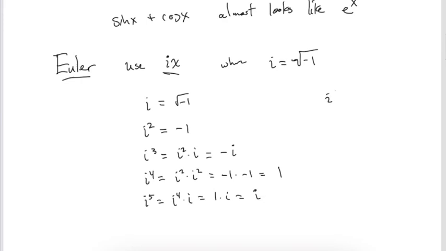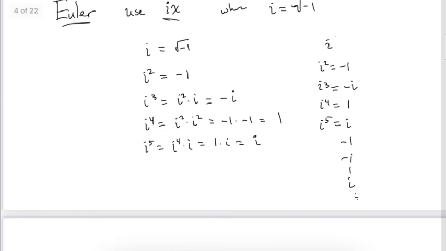You have i, and then i squared is -1. i cubed is -i. i to the 4 is 1, and then i to the 5 will be i again. And this sort of pattern will continue. You get i, and then -1, -i, 1, and then i again, etc. This is how i works when you take powers of i.